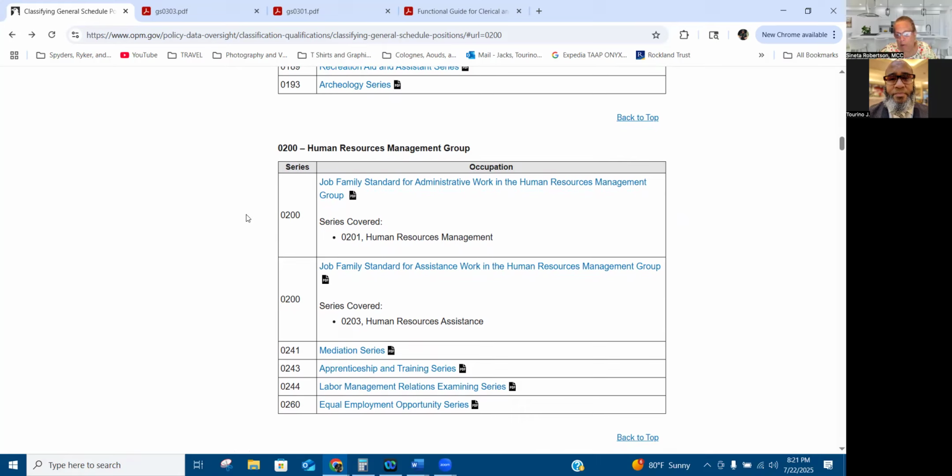When it says administrative, you know that's the specialist. When you go down to the next one, it still says in the left 200 group series covered. It says 203, and it says assistance work, just like in the blue title, assistance work. Okay.